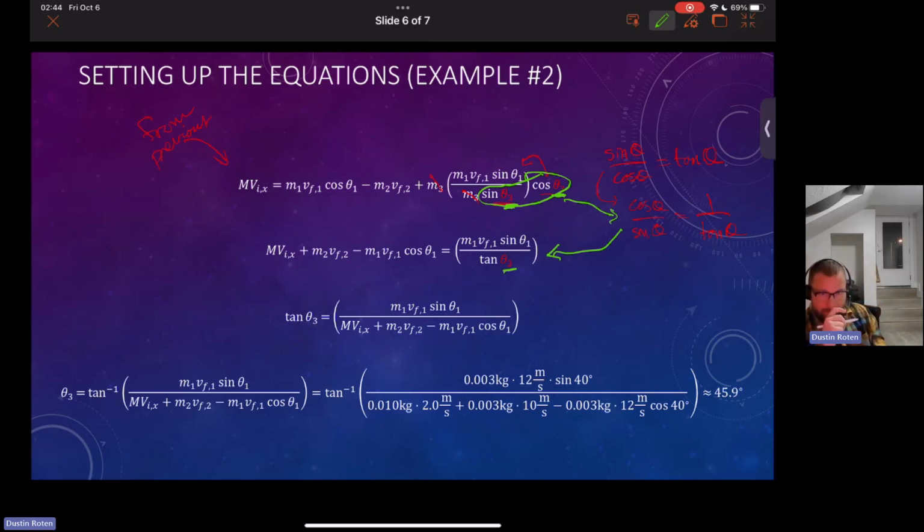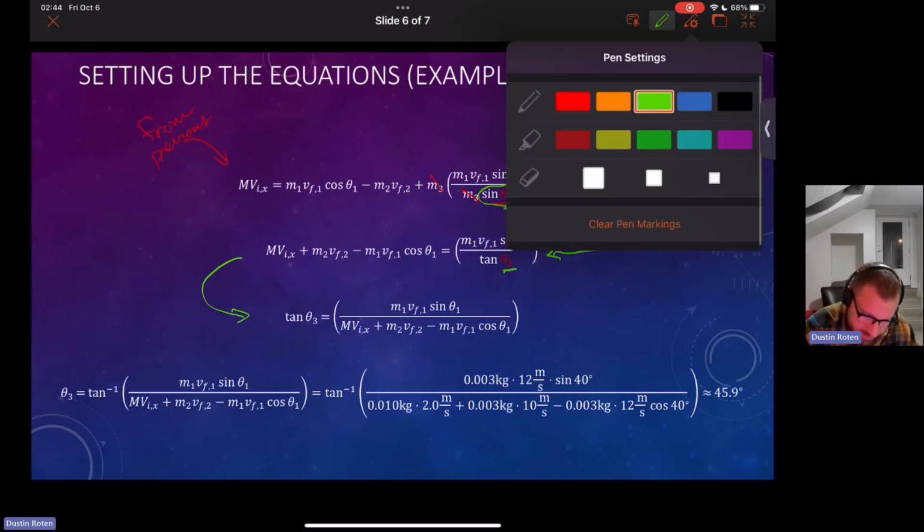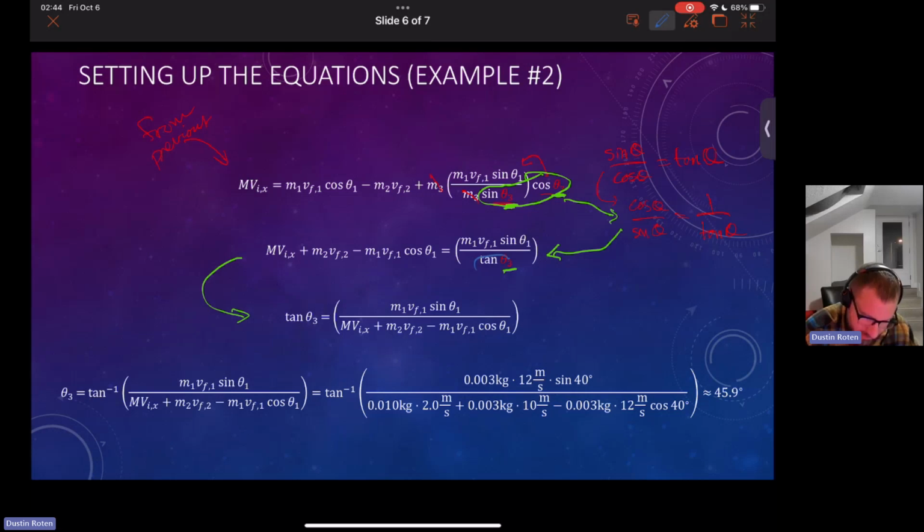All right, this next step going from line 2 to line 3 looks like a lot happened, but actually not a lot has happened. All I've done is take my denominator and multiply it over to the left-hand side. Then I've taken all of this and divided both sides by everything in my blue parentheses.